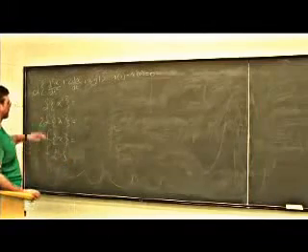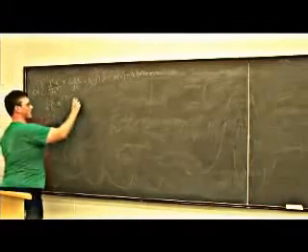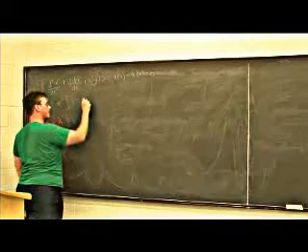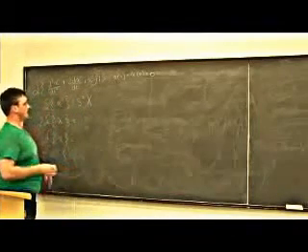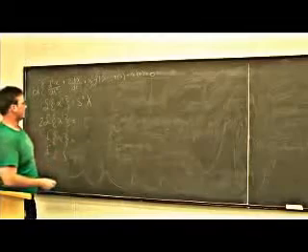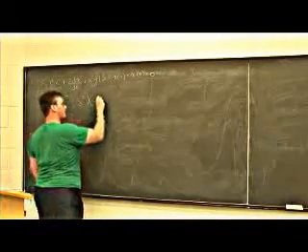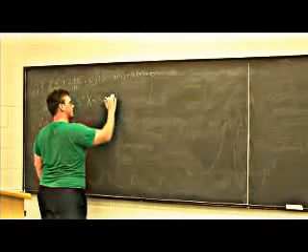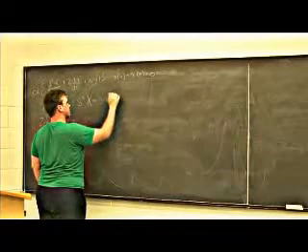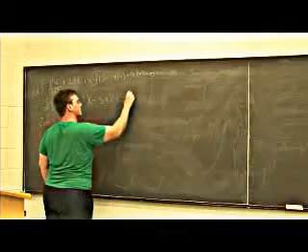Okay, so now for the second derivative, it is s squared, and I'll just denote it capital X for the Laplace transform of x, minus s x prime of 0, minus x of 0.